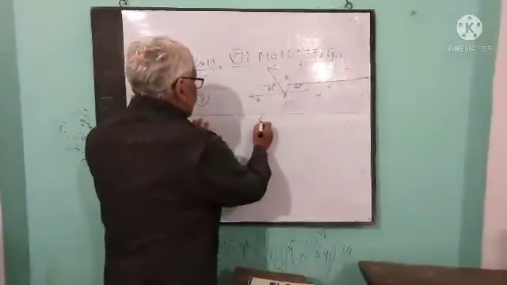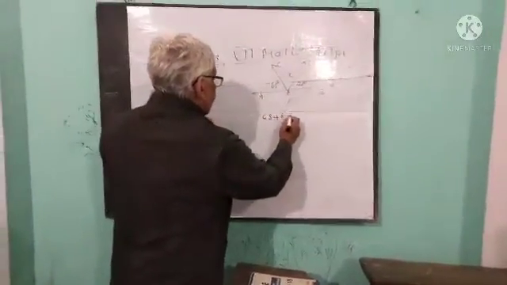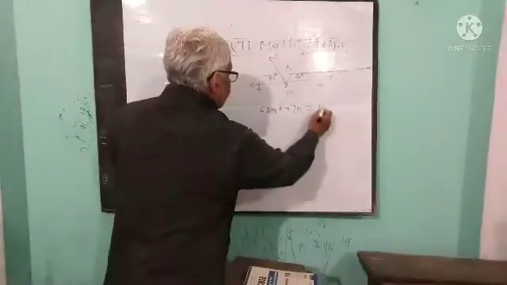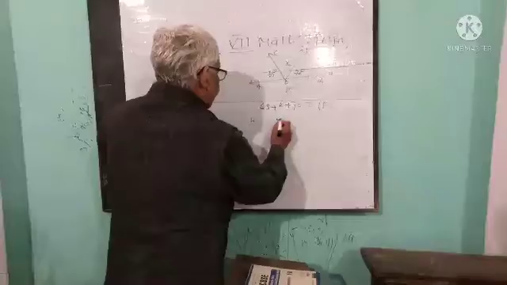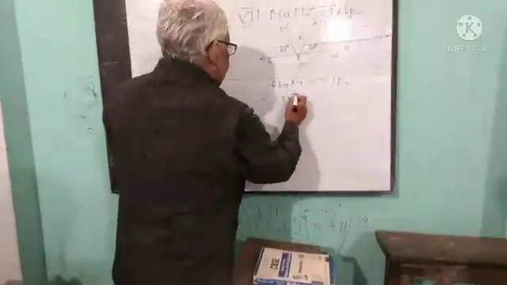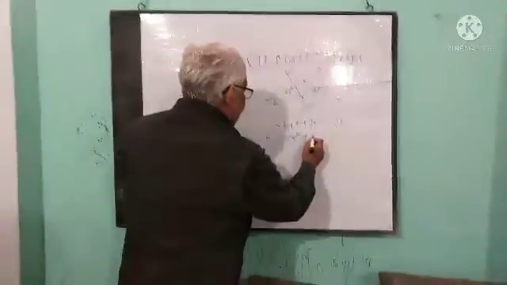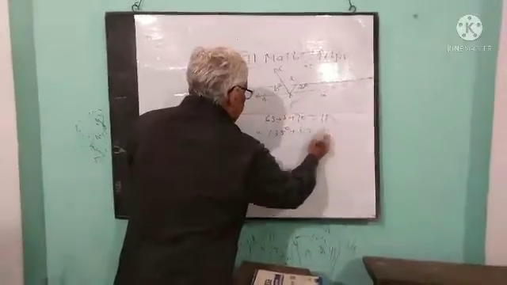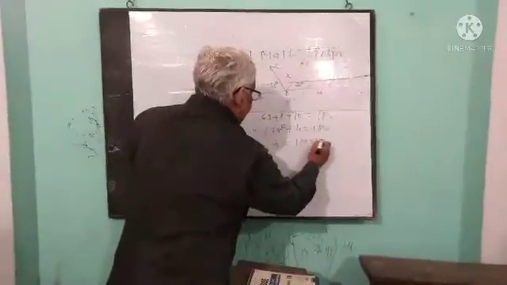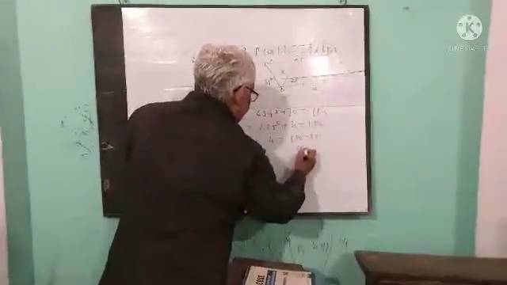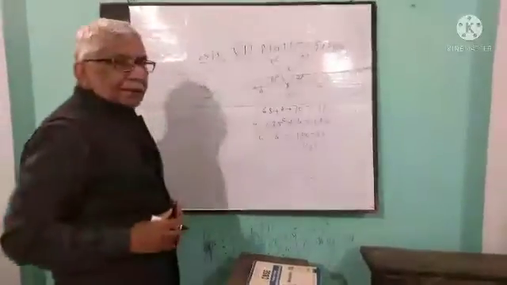Now write 65 plus x plus 70 equal to 180. Or add this: 135 degrees plus x equal to 180. Or x is equal to 180 minus 135, which is 45 degrees. Hence it is the answer.